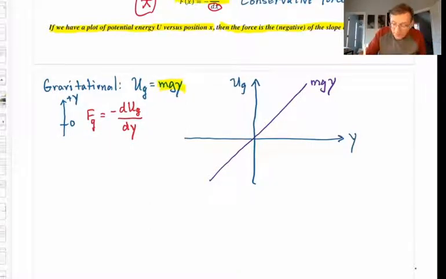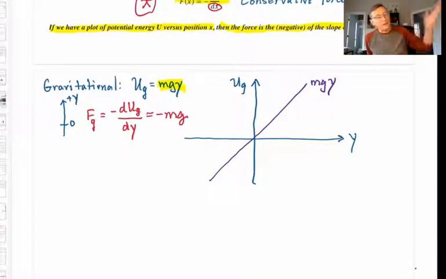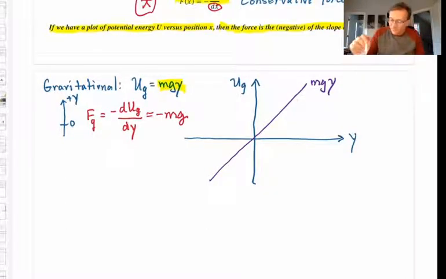We can't forget that negative sign, and we just get negative mg. The formula for the gravitational force, with the negative sign meaning that the direction is negative y, i.e. down. Now that's all the potential energy curve says for the gravitational case. Since the curve is just a straight line, it's not that informative.